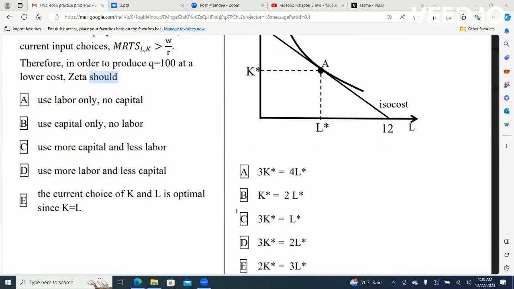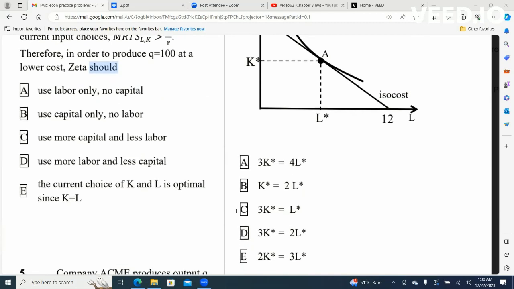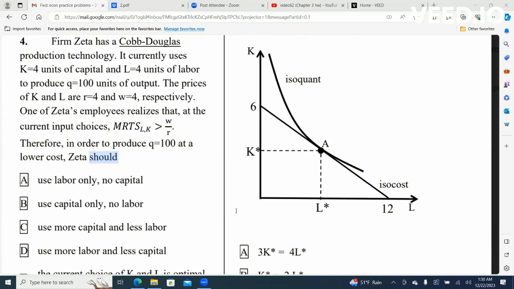Okay, so what we are going for here, I think we're going for C, 3K equals L, so we have this graph. We can work out this one. Cobb-Douglas is very easy. This is our Cobb-Douglas.